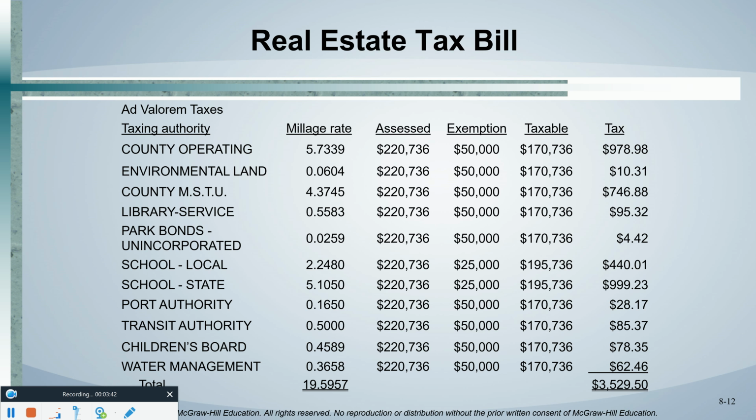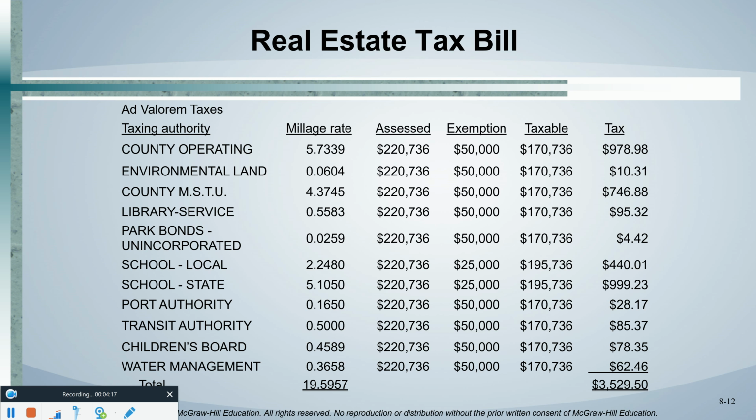And so you take this millage rate, multiply it by what we call taxable value, and you wind up calculating what the tax should be for that particular jurisdiction. In this particular case, come all the way down to the bottom right, you can see for this particular property, the tax bill is $3,529.50.